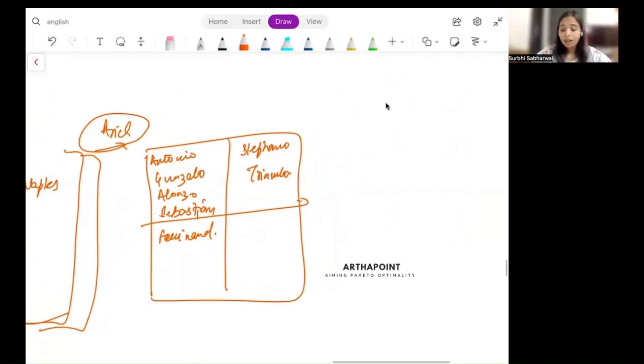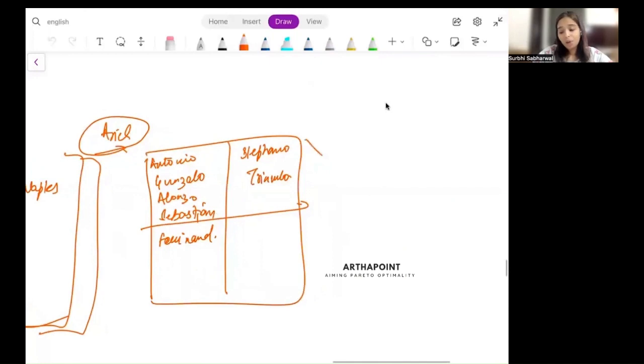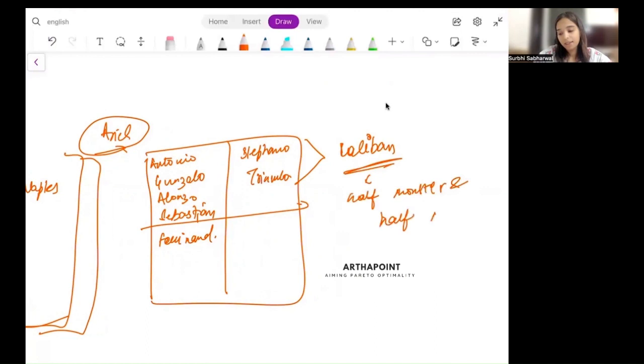Now, it is here that Stefano and Trinculo meet Caliban. Caliban is half monster and half man, right? Caliban hates himself, but he hates Prospero more.